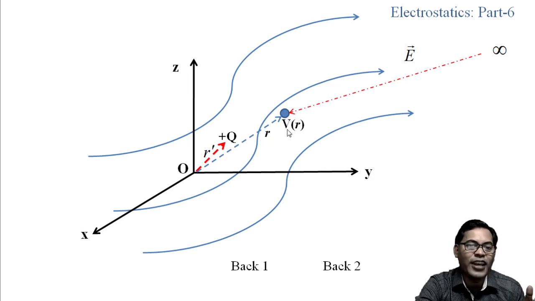If r varies, this potential will vary. From that, the potential V we can find out using r minus r prime, because the distance from this point to this point we have to consider. Here the charge is not at the origin, that is why we only take the distance from this to this. So r minus r prime.